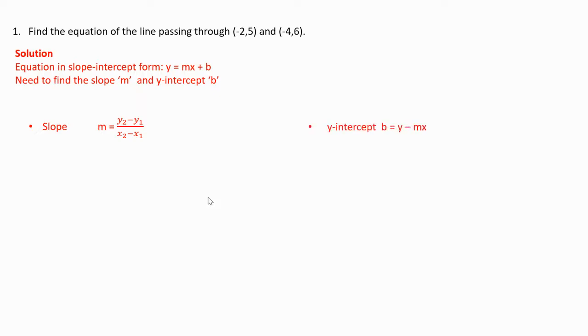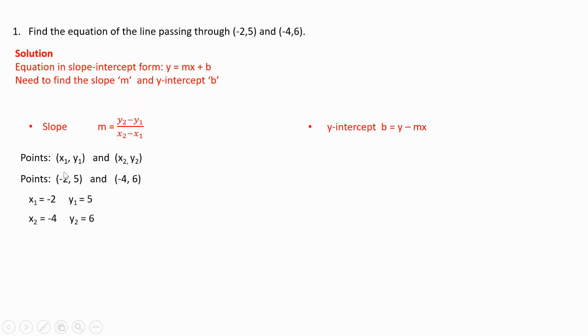From the two points that were given, I get my x1 and y1 and x2 and y2. Here x1 is -2, y1 is 5, x2 is -4, and y2 is 6.